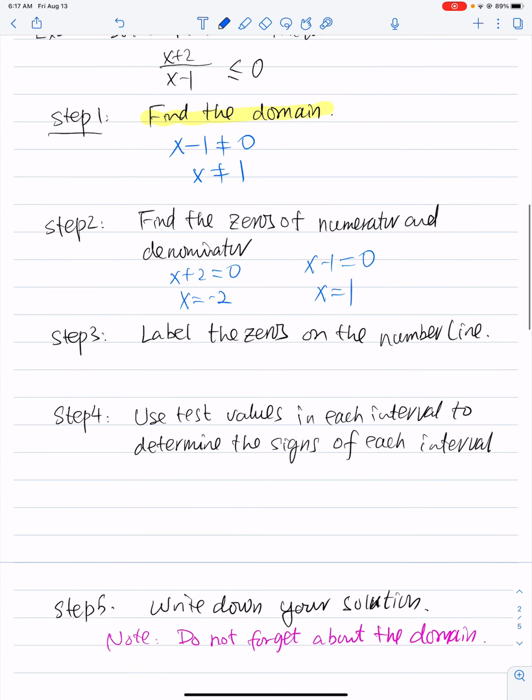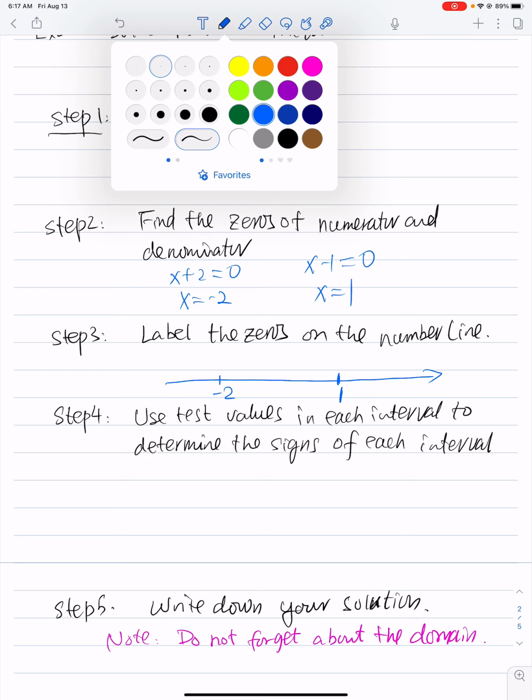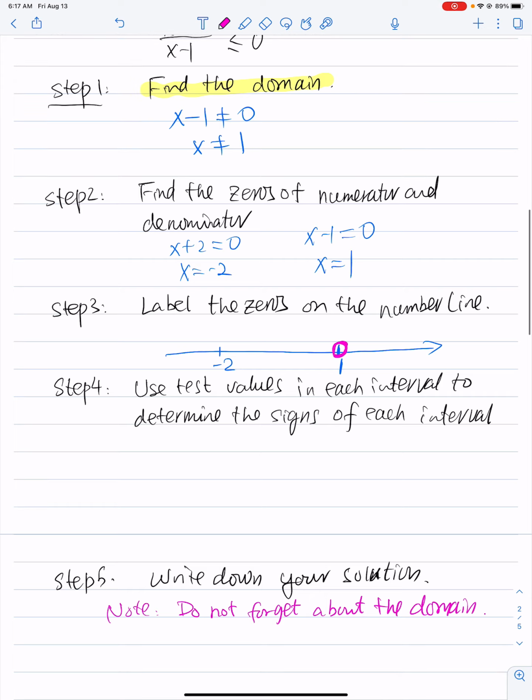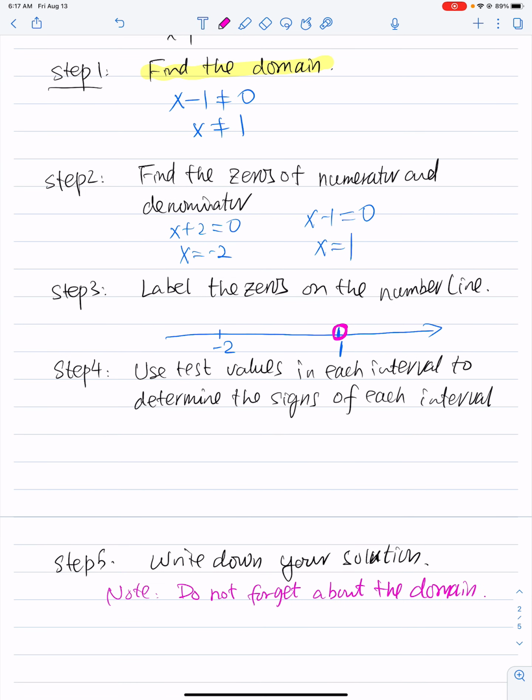So similarly, you put all these things on the number line. For rational inequalities, I would strongly recommend that you directly put an open circle on your domain restriction to remind you that this one is not in the domain, because a lot of times students will forget.